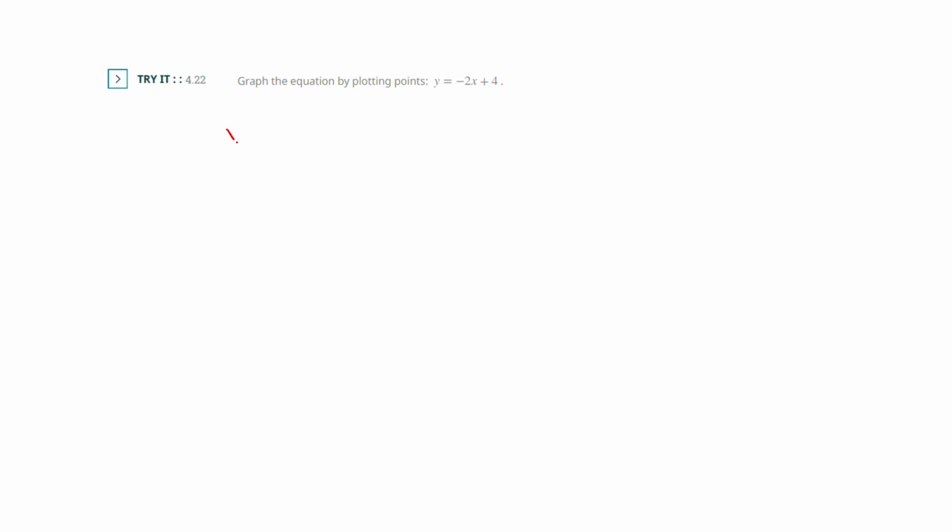Okay, you can always try this on your own. I'm going to go ahead and start. I'm going to pick the same ones again. Again, you don't have to. It would work with any values of x because it's going to hit the line somewhere. So let's see what we get here.